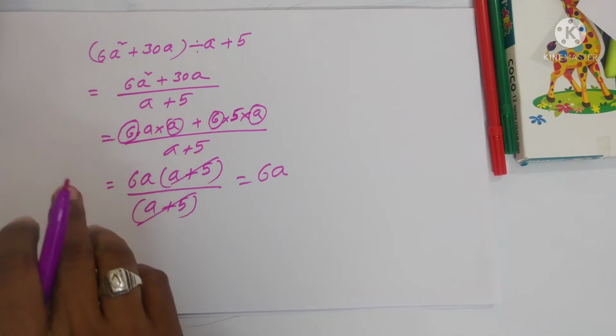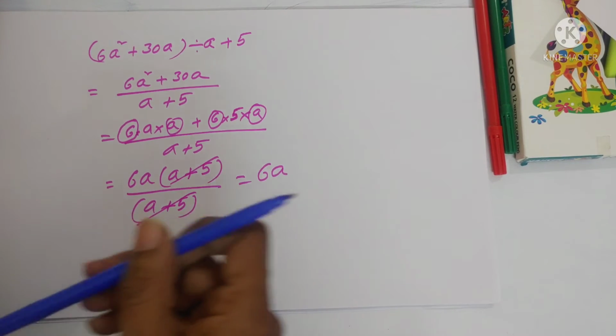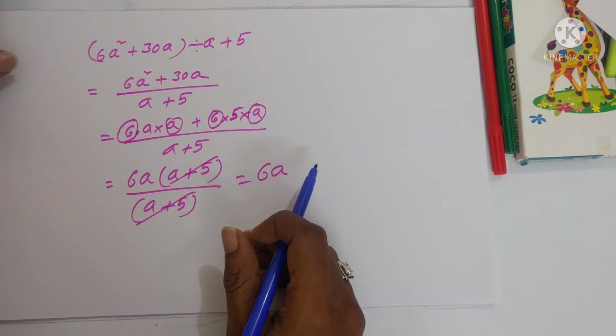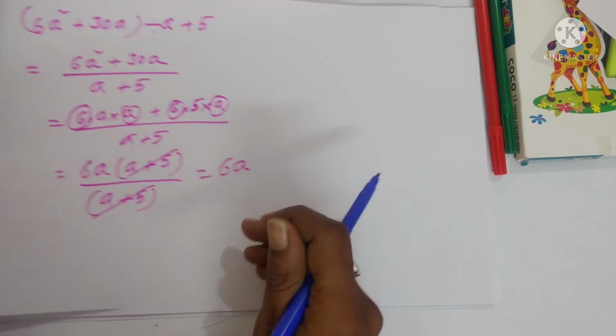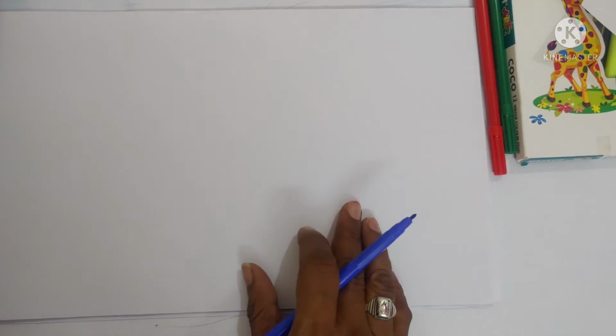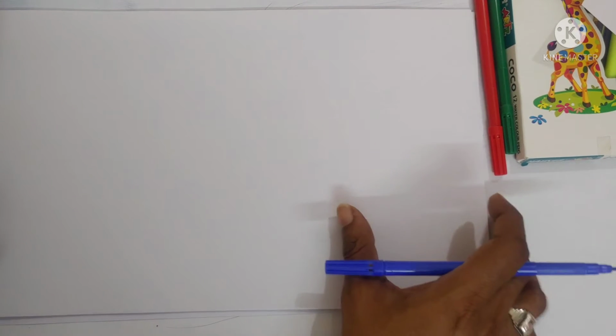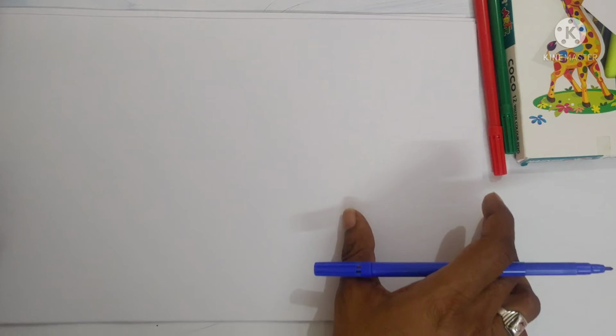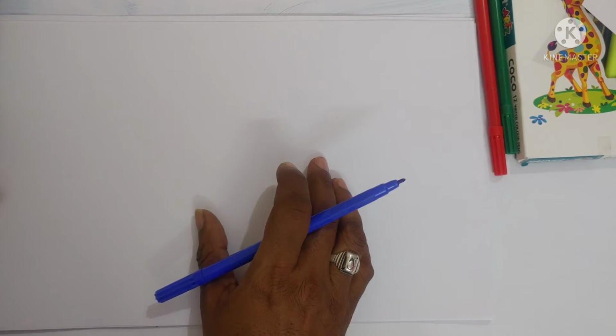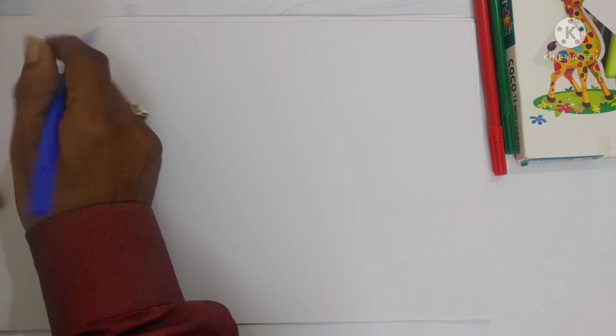So to make this process simpler, we will do these divisions method-wise. Here also we have the methods. The first method is division of a monomial by another monomial.